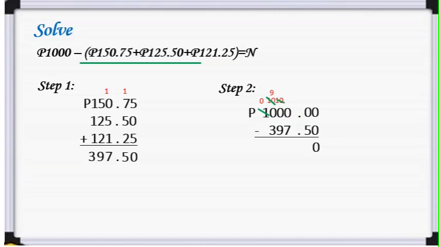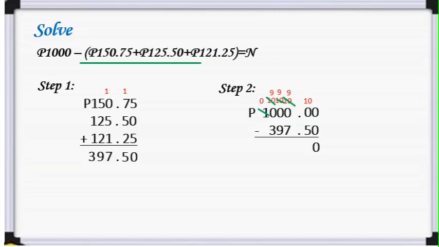So we need to borrow 1 from 10 again, and then 10 will become 9, and then 0 will become 10. So we need to regroup again. So we need to borrow 1 from 10, and then 10 will become 9, and then 0 will become 10.